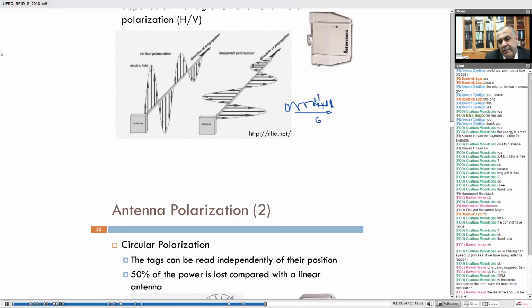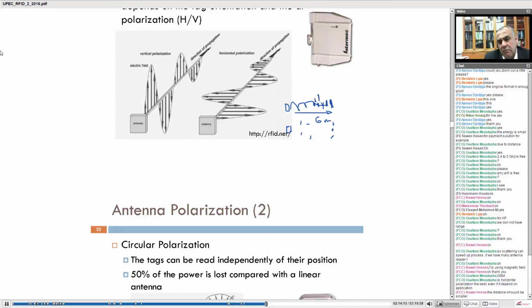So if you have many tags here that are far and they are all in the same position, you can use horizontal, for example, because there is, for example, 5 meter, let's say 6 meter.